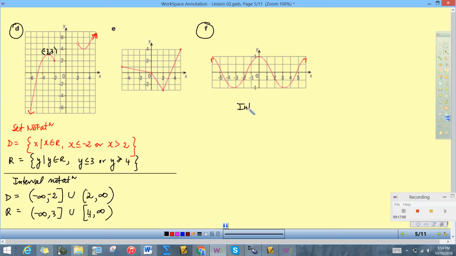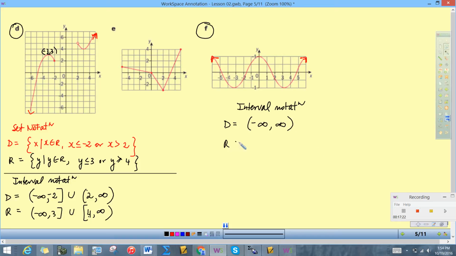Okay, so let's do one more here on interval notation with f. The domain seems to be going in all directions, because I have arrows at the end of this. So it's going in all directions, and therefore I can say that its domain is going from negative infinity to infinity.